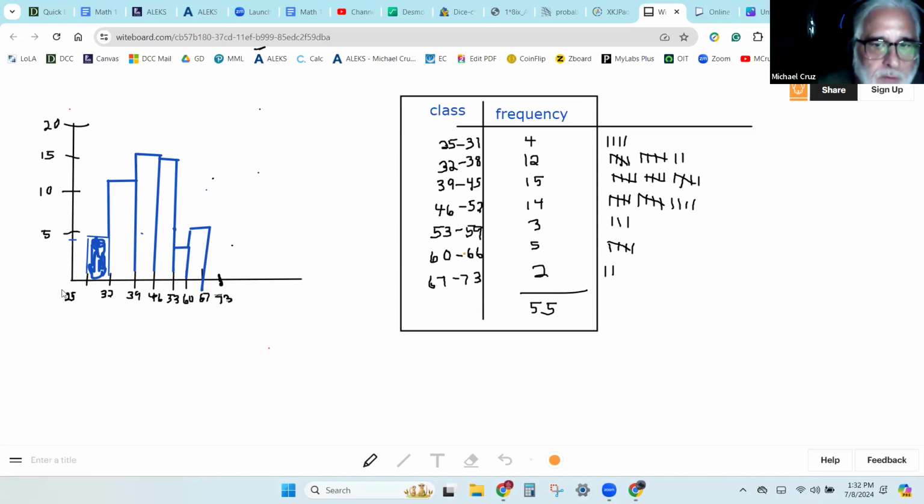So then here's our last one. Oops, this one was 2. So there's your histogram that represents that.